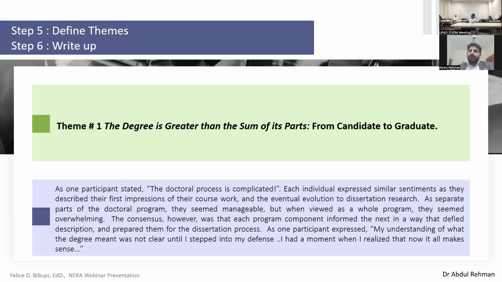When you pass through a transition phase and you get the degree, you will forget every hindrance or every difficulty. And I hope all of you become doctors, inshallah. Like theme 1, the degree is greater than the sum of its parts, from candidate to graduate.